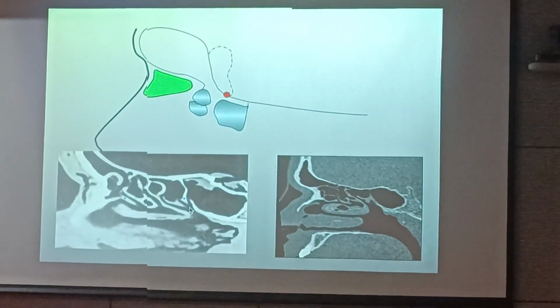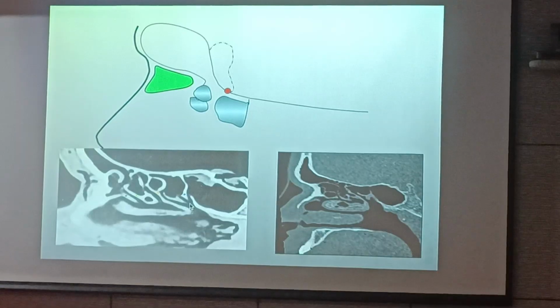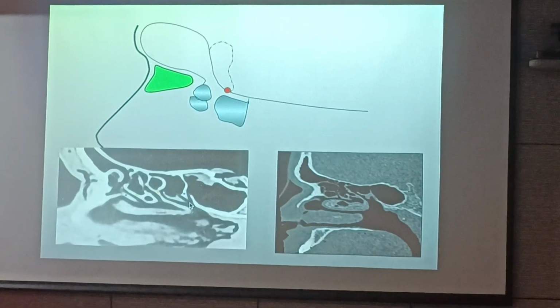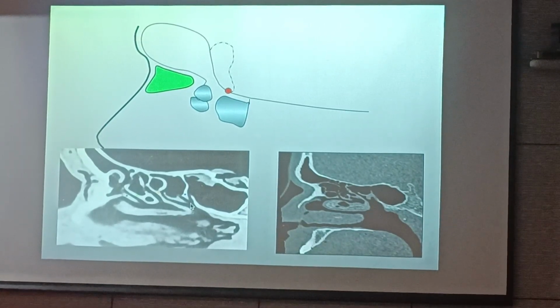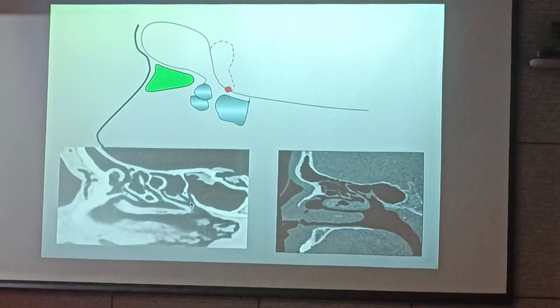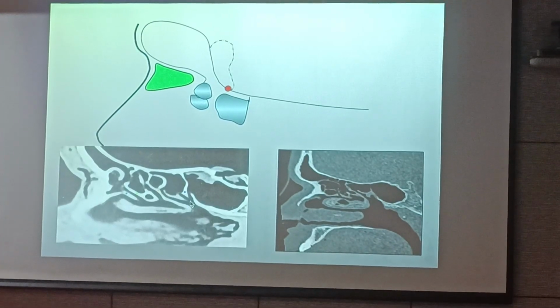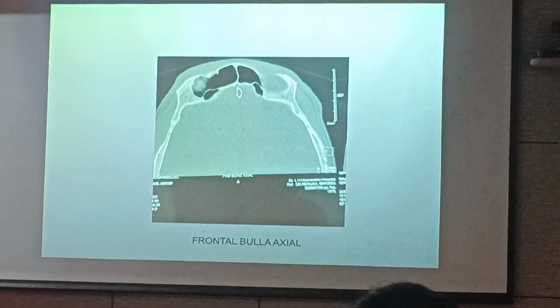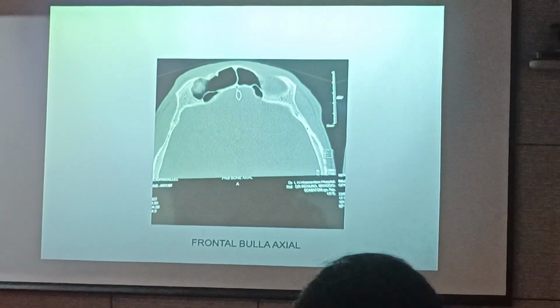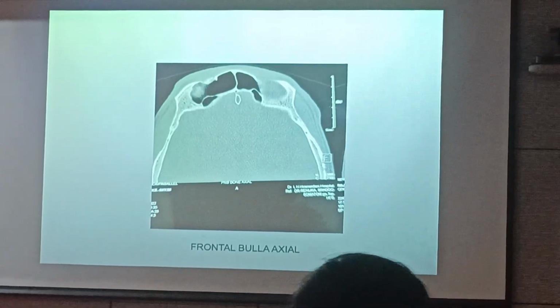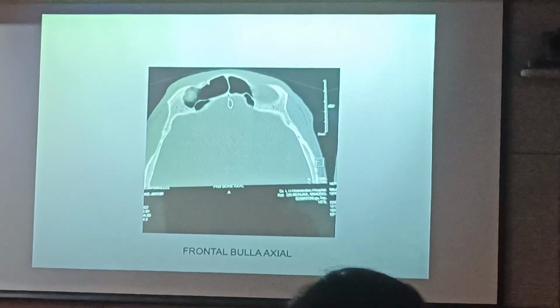All this you will see on sagittal sections. The attachment of the uncinate process you will see on coronals. The supraorbital cell you will see on all three, axials, coronals and sagittals. The anterior ethmoidal artery you will see better on coronals. Okay.